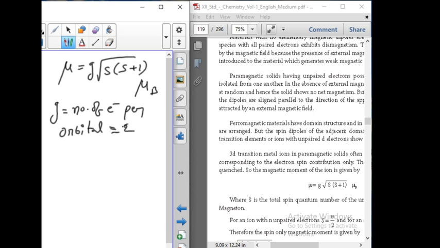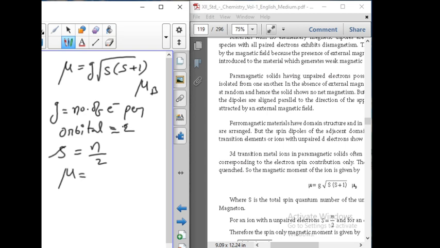So the g value is 2. S is the spin-only magnetic moment. Spin may be plus half or minus half. So for unpaired electrons, spin is equal to n by 2, where n stands for the number of unpaired electrons. So that value we can substitute there.